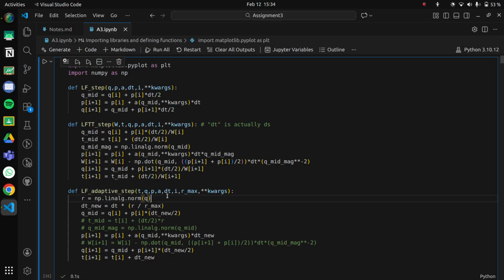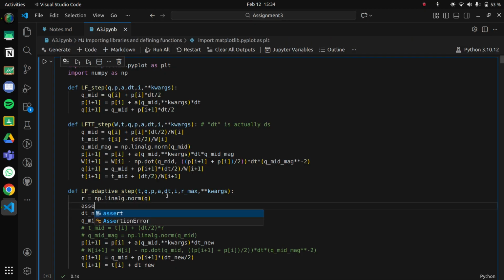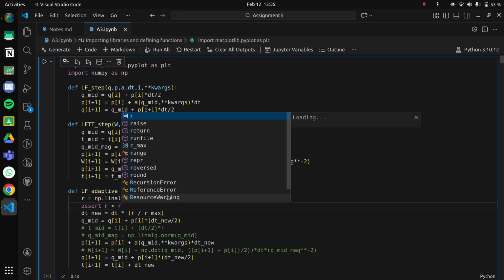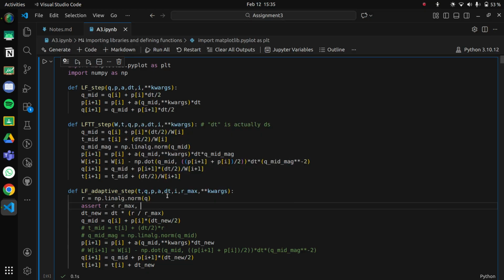So I'm just gonna assert something. So assert r is, so let's just use the current thing, which is fine. Yeah, so it should be less than r max, and if that doesn't happen, I'm just gonna print everything.